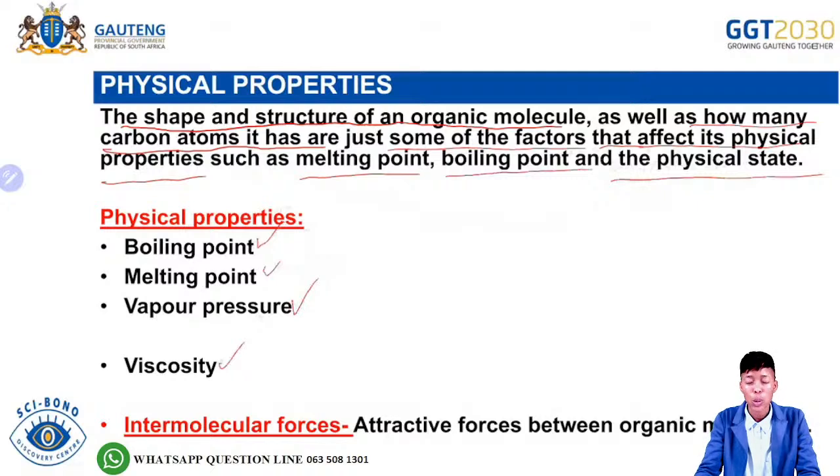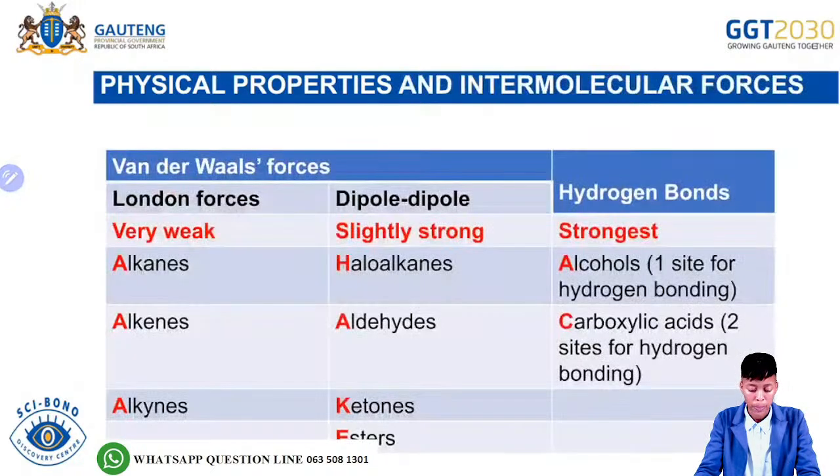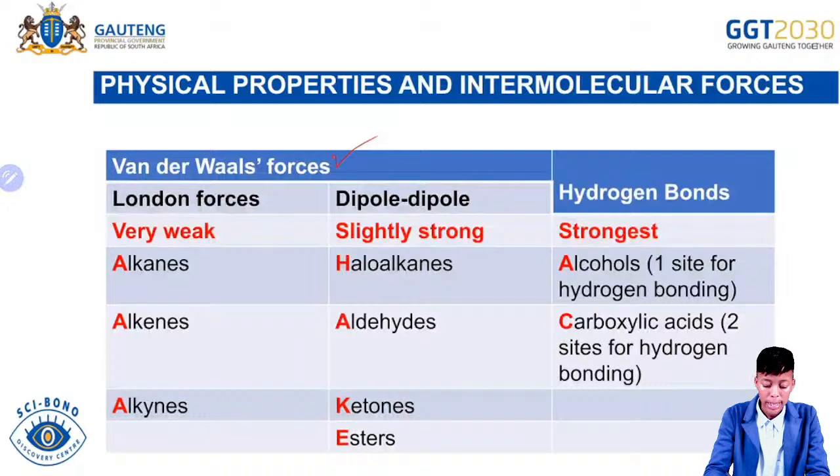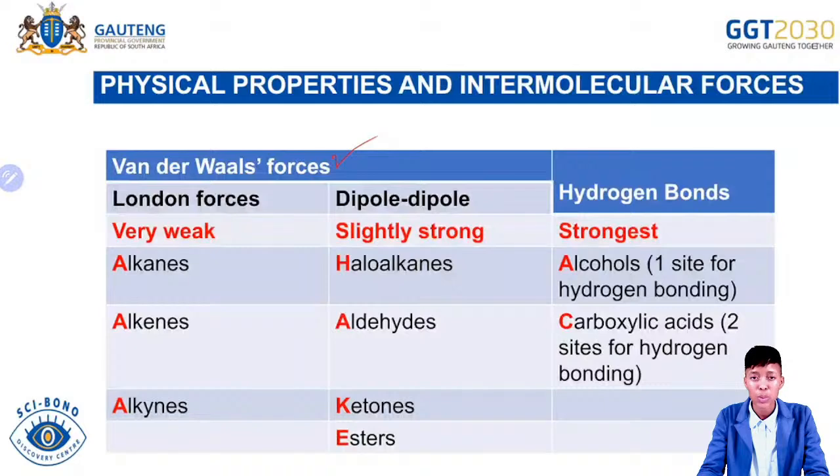So we have what we call intermolecular forces. Intermolecular forces are the attractive forces between the organic molecules. When it comes to physical properties and intermolecular forces, we have what we call the van der Waals forces. Under the van der Waals forces, we have two types: the London forces and the dipole forces.